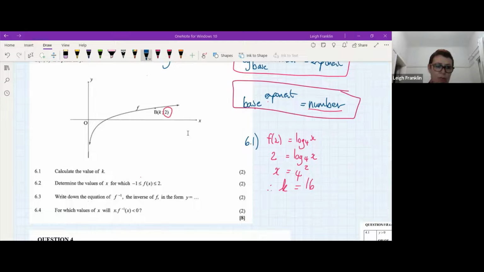The second question asks us to determine the values of x for which f of x is greater than or equal to -1 and smaller than or equal to 2. So what is this question asking us to do? Before we carry on, your marks here would be for subbing in the 2 and for the 16, by the way. So what does question 6.2 mean? What do they want us to look at?